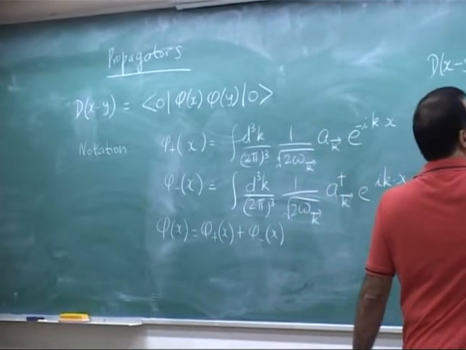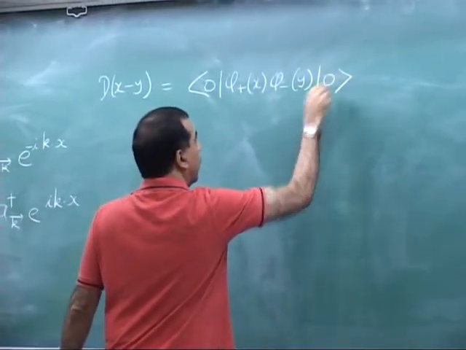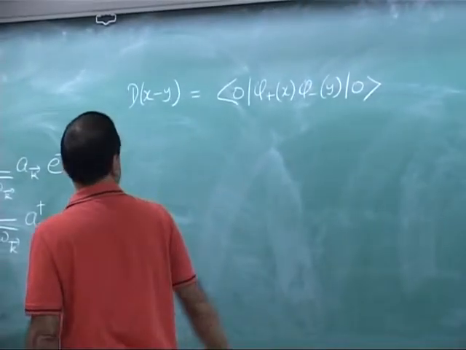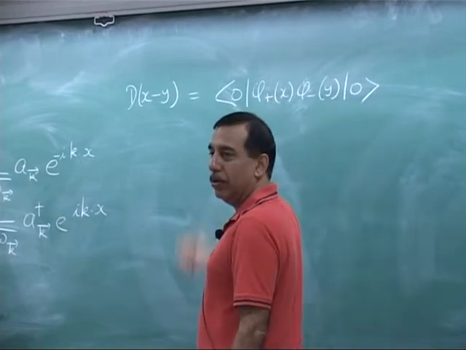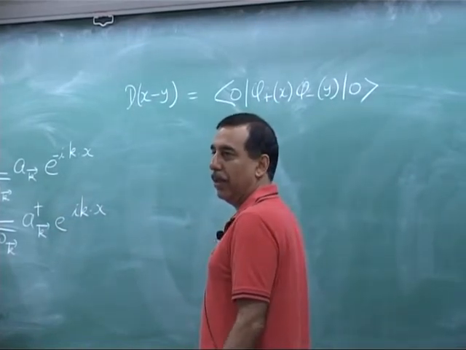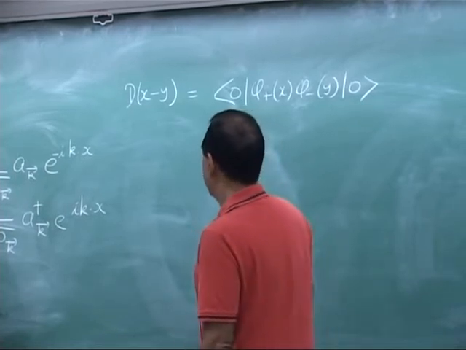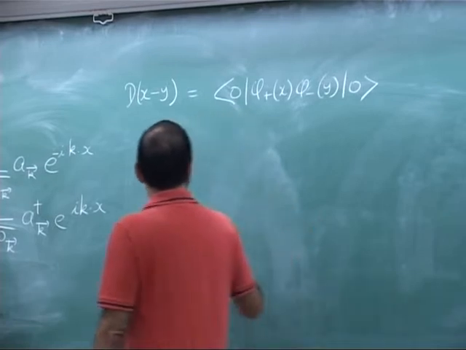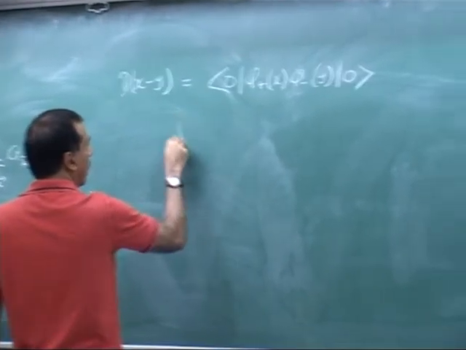So phi plus on the left, phi minus on the right, because any other combination has either a minus on the left or a plus on the right or both. In any of those three cases, it gives me 0. So it's this.